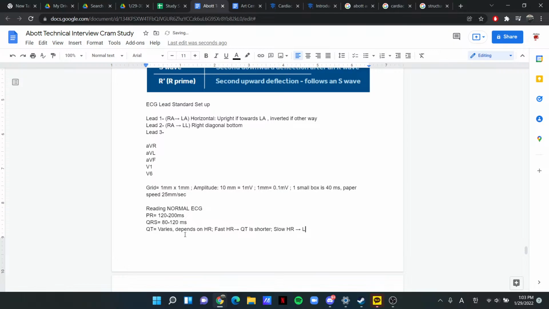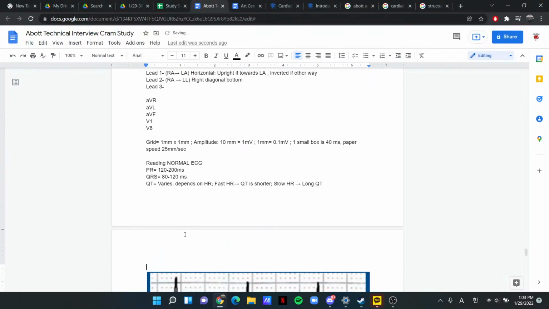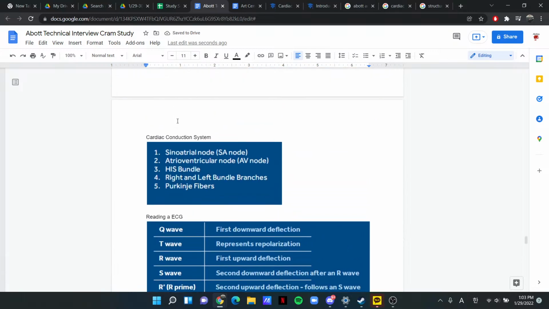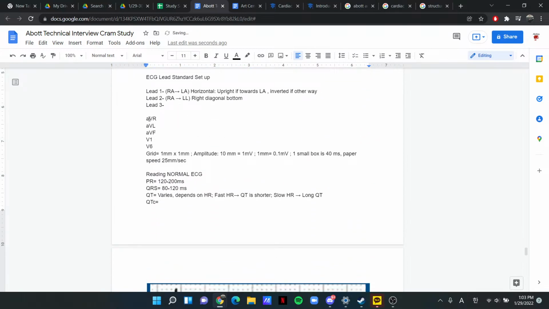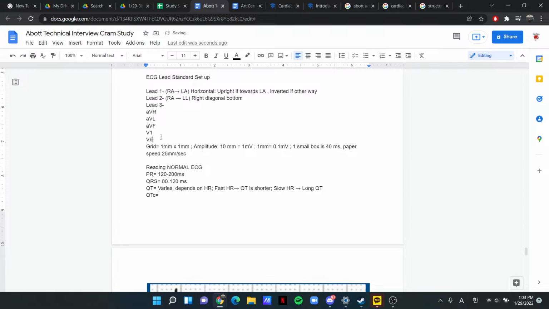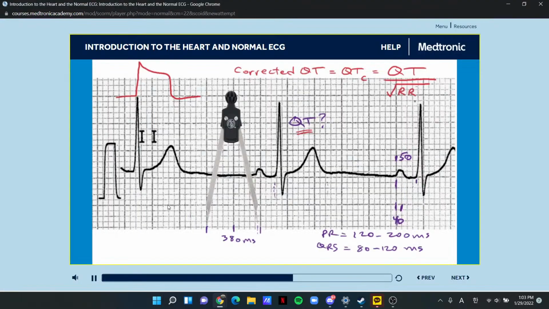Although we measure the QT interval on the electrocardiogram, we need to be able to correct it for the heart rate. And the corrected QT interval is written QT with a small c, and it's equal to measured QT divided by the square root of the R to R interval in seconds, not milliseconds, but seconds.